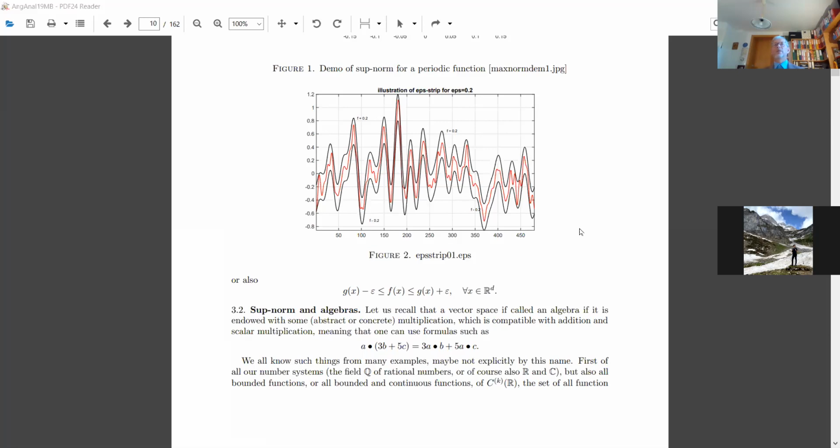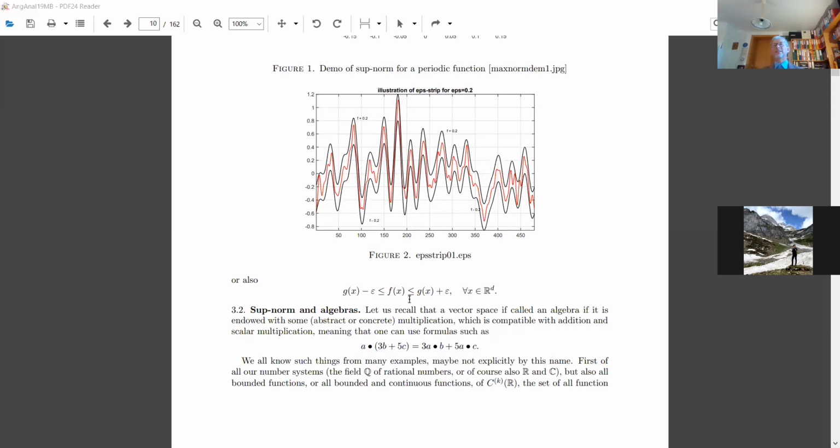So here we have the black function g, and f is a new curve, the red curve, and it is between g minus epsilon and g plus epsilon, where I'm taking epsilon as something like 0.2. I've scaled everything so that the maximum originally probably was 1. To be epsilon close means you take an epsilon strip around g. On purpose, I didn't draw g itself because then the graph would be overloaded.